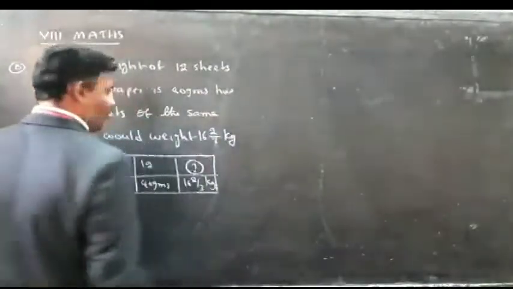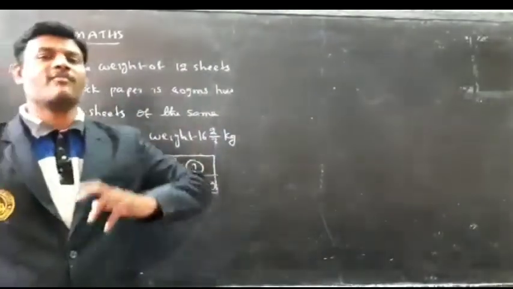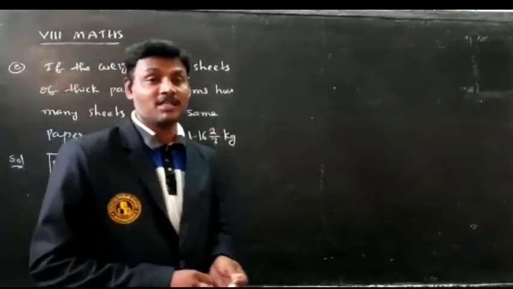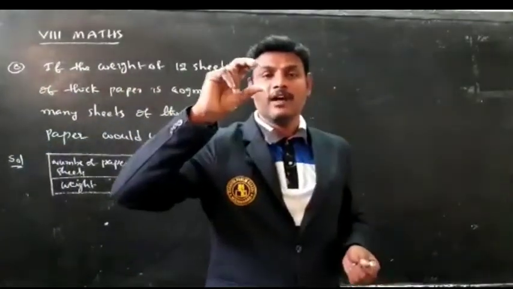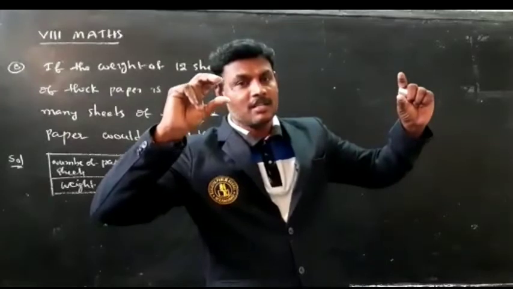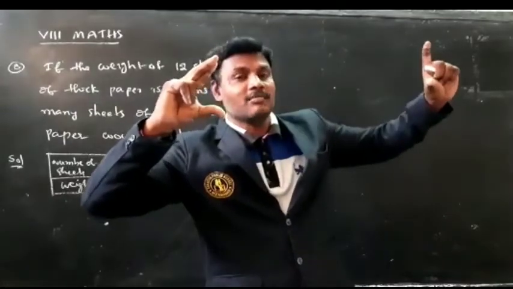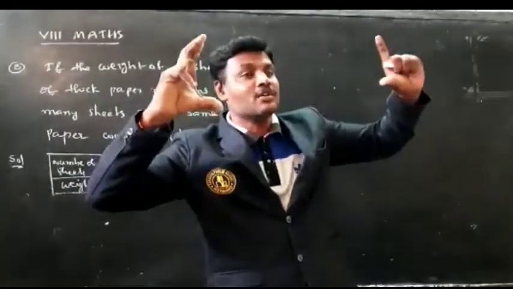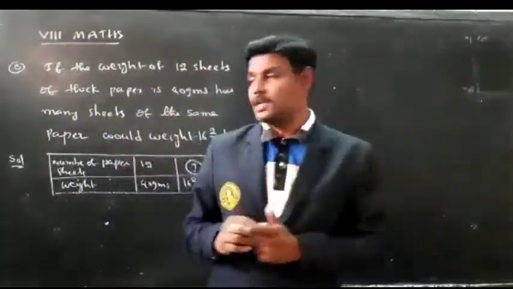See here, weight and the number of paper sheets are always directly proportional. Why? Because for example, if the weight of 5 papers is 2 grams, then the weight of 10 papers is 4 grams. Here weight is increasing and the number of sheets is also increasing. So both are in direct proportion.